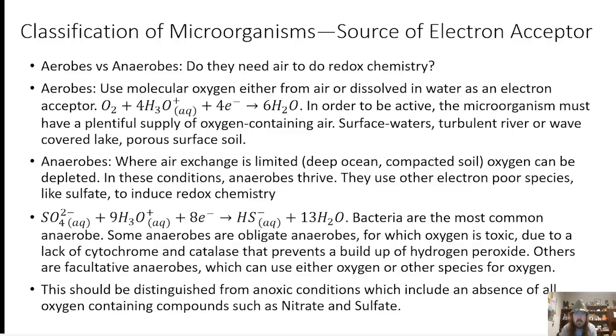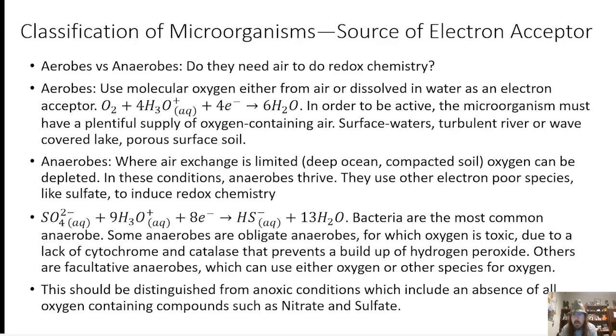So, for example, oxygen plus acid produces 4 electrons. Thus, we can convert this into water. In order to be active, these microorganisms must have a plentiful supply of oxygen-containing air.